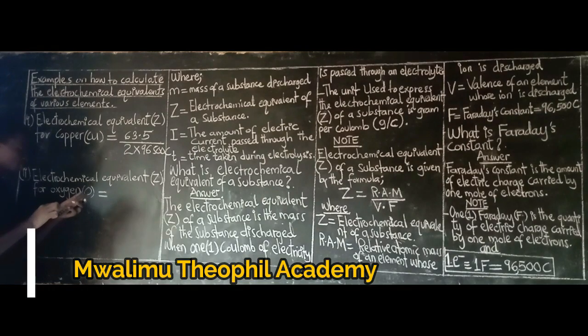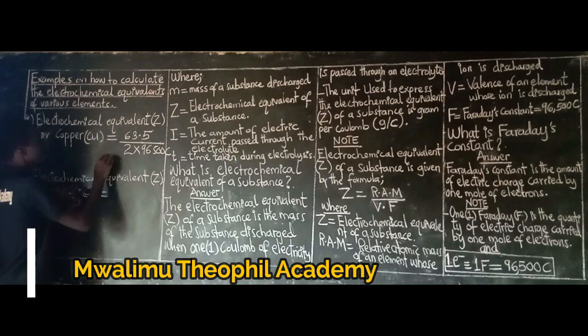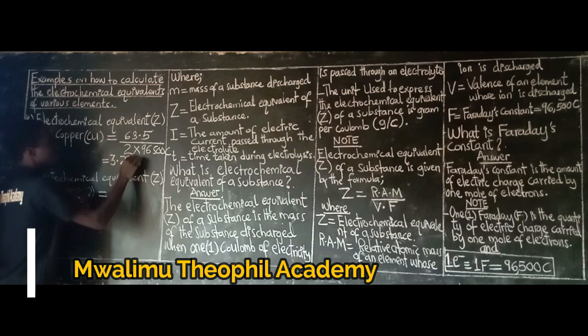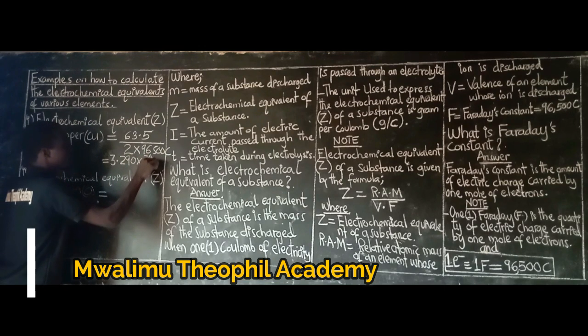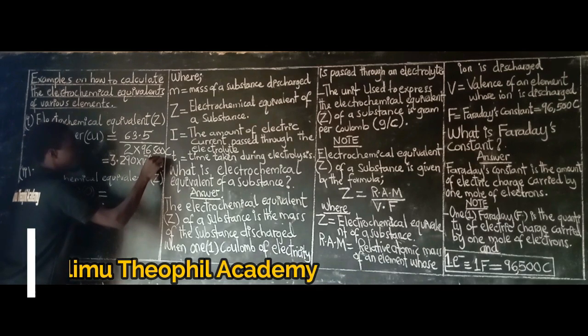It is 63.5 over 2 times 96,500. The answer is equal to 3.290 times 10 raised to negative 4 gram per coulomb.